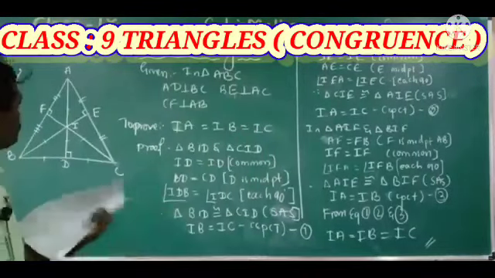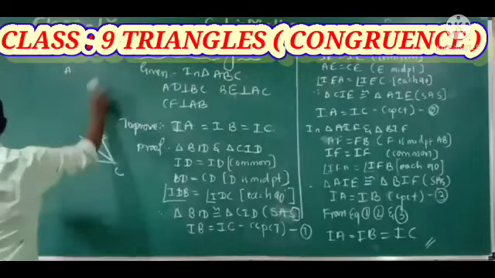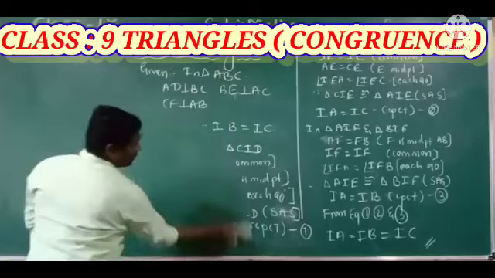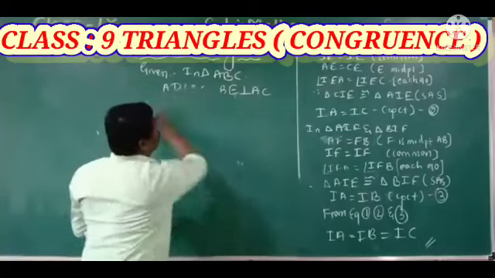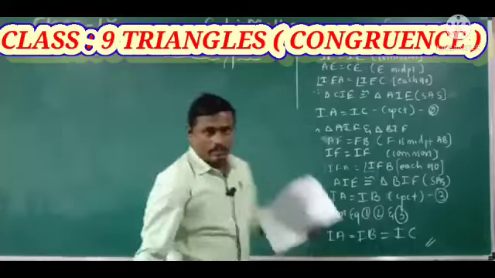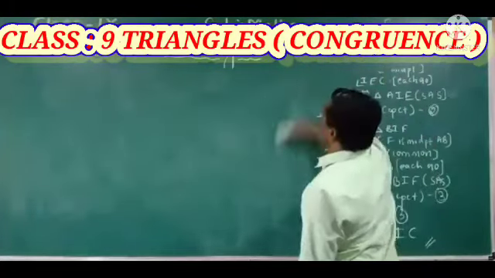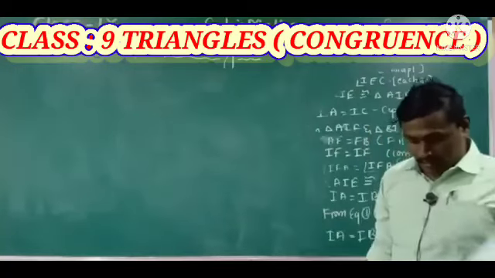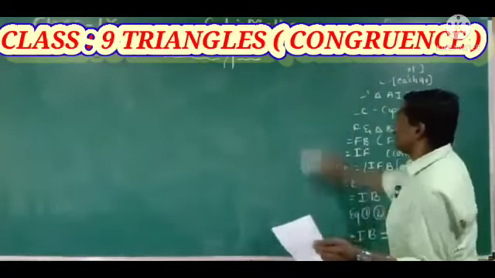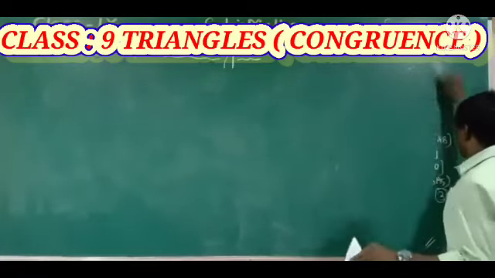Next one. See the fourth question. So you just need to practice these types of questions. You will get some ideas. And one more thing, when you are going to show that two triangles are congruent, sometimes we need to consider two triangles directly.